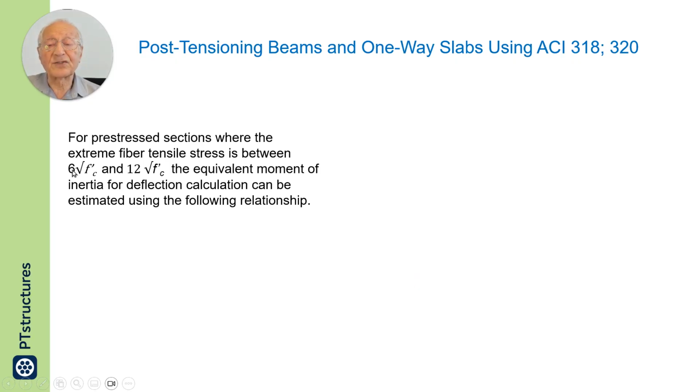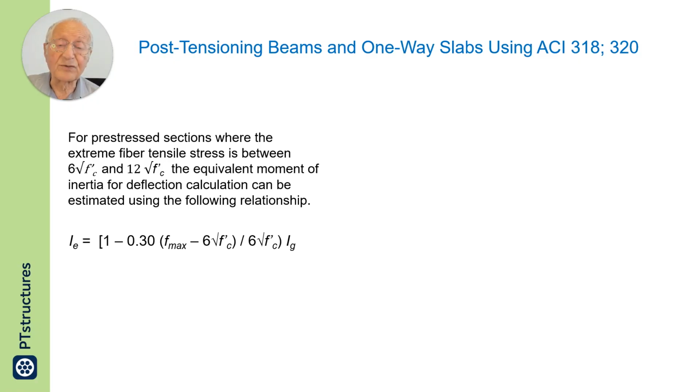If the extreme fiber stress calculated is between 6 and 12, it is permissible to magnify the calculated deflection by a coefficient. If it is more than 12 root f prime c, we have to go into more rigorous calculation.